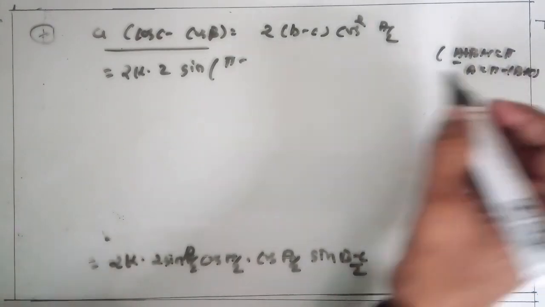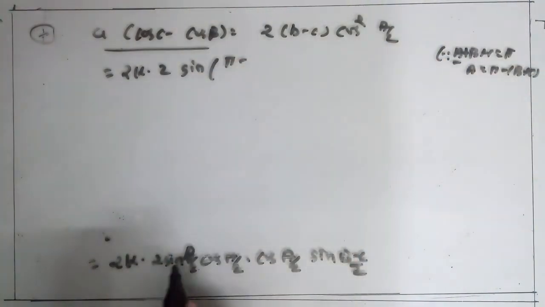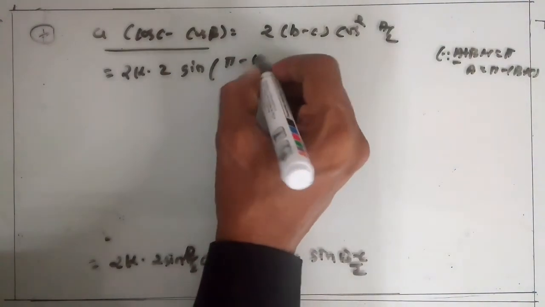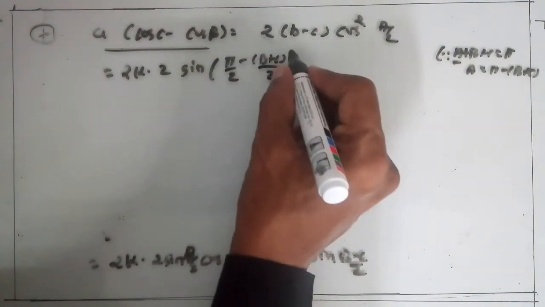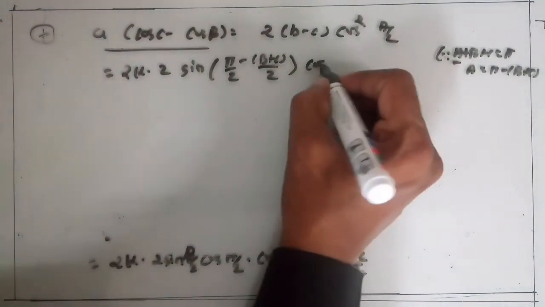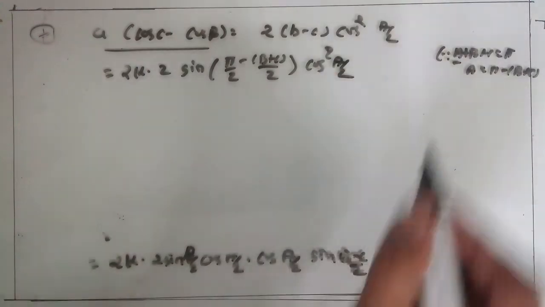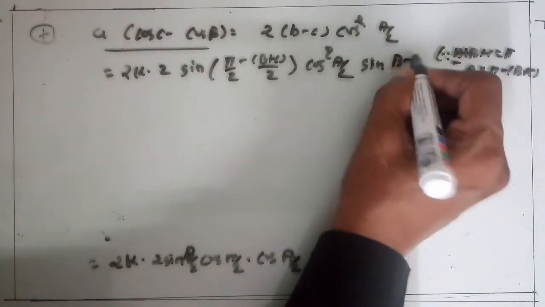Clear? So apply these terms for sin A by 2, so (B plus C) by 2. Divide by 2 on both sides. Clear? Into cos becomes cos square, cos square A by 2. Clear this? Into sin (B minus C) by 2.